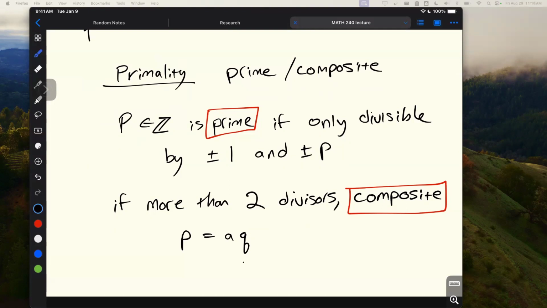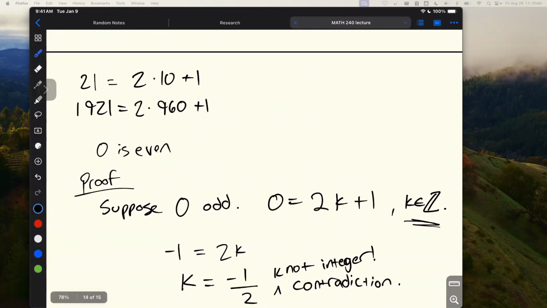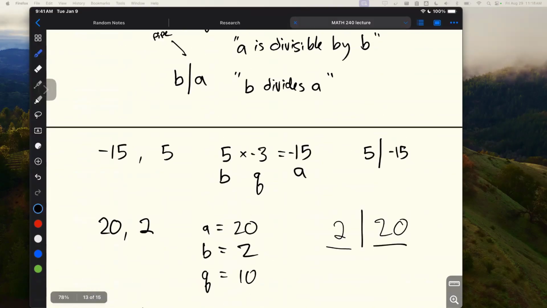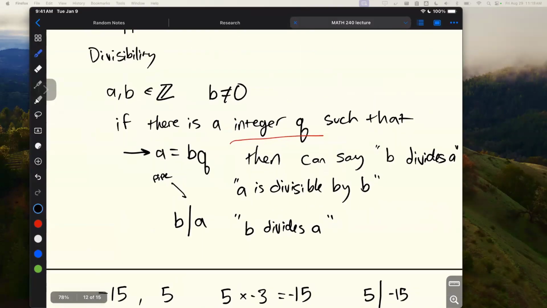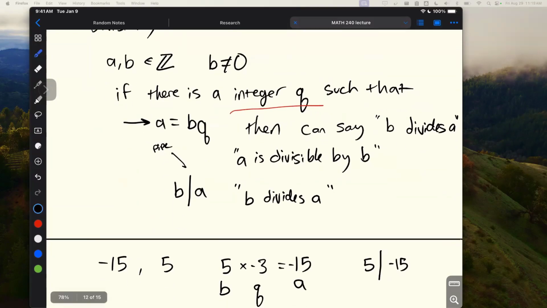If there's more than one divisor, so we say that, did I define divisor? Did I miss that? I did. Sorry about that.